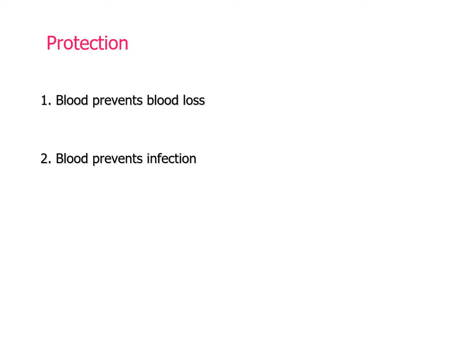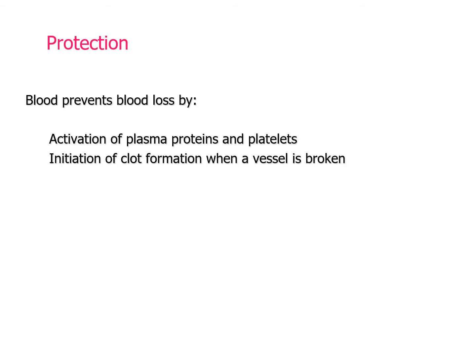Last is protection. In terms of protective effects of the body, it has its own ability to prevent blood loss and also to prevent infection. Blood loss is prevented by activation of a number of different soluble plasma proteins that are constantly floating around in your plasma in the blood.